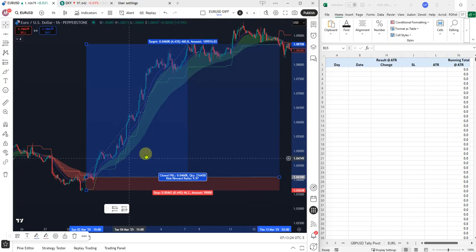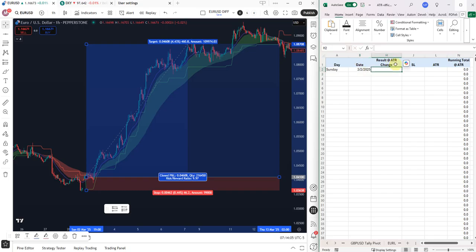But so now that we've seen where our trade started and where it ended, we can put it in our spreadsheet. So the day we took the trade was March 2nd, and the day was Sunday. Yes, the market is open on Sunday after 5 p.m. Eastern. It's open all the way until Friday at 5 p.m. Eastern. And that date was what? March 2nd. 32.25.